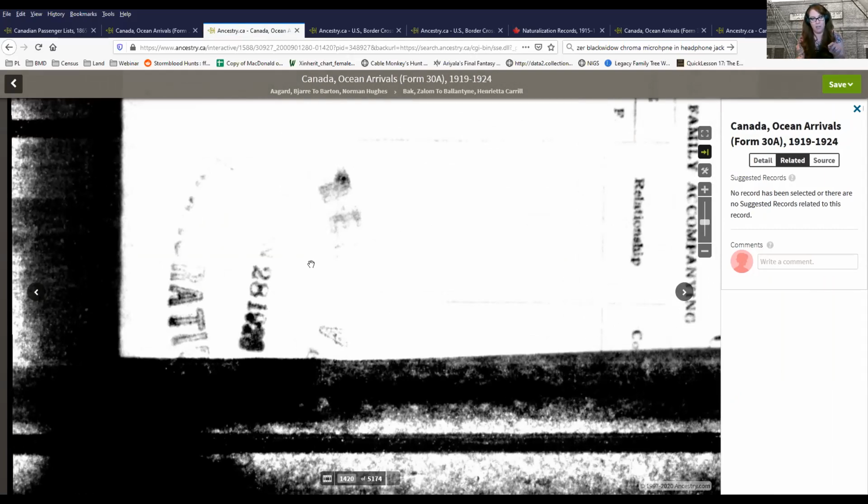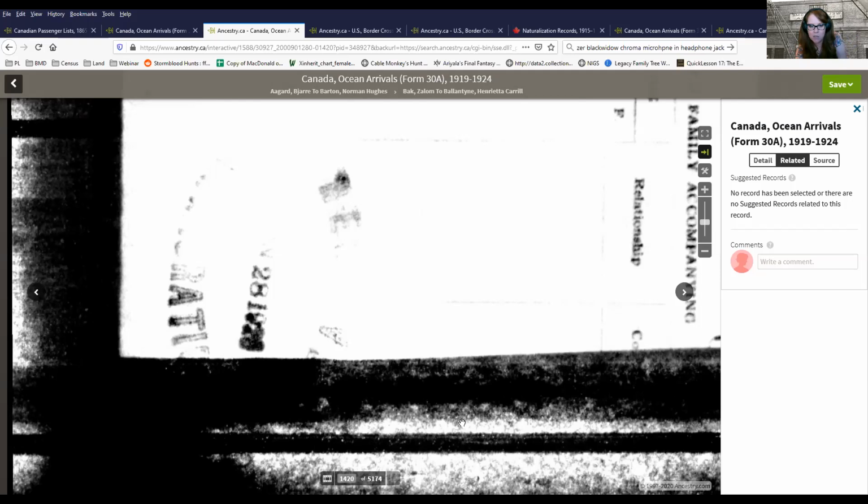This is actually when this document was received by the immigration department. These documents did not stay at the ports of arrival very long. Maybe a week, and then they would ship them to Ottawa, where they would be received and stamped. That's the date that it was received in the office, so that's usually about a week or so after the arrival date.